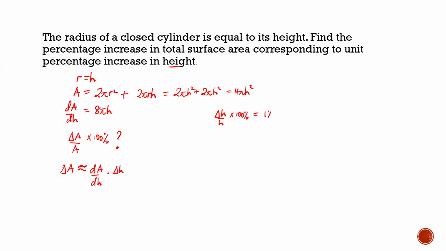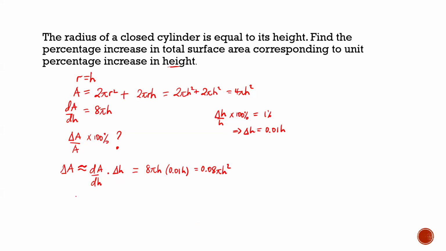So if this is equal to 1%, that implies that delta h is equal to 0.01 h. And so in this case, delta A is going to be dA/dh, which is 8 pi h, multiplied by 0.01 h. That's going to give us 0.08 pi h squared.